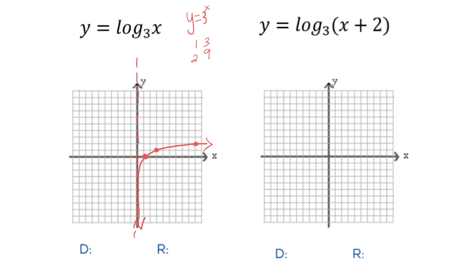This actually will affect that asymptote. The asymptote will now go left 2. My key point will go left 2. My over 3 up 1 is going to go left 2. And my over 9 up 2 is going to go left 2. And then just sketch that baby in there.